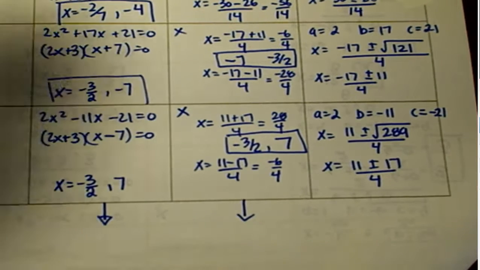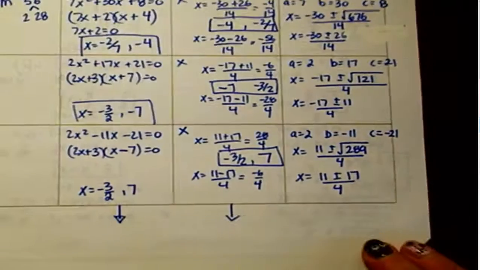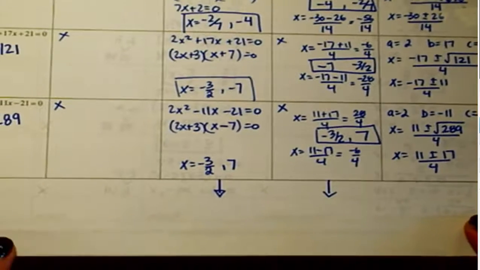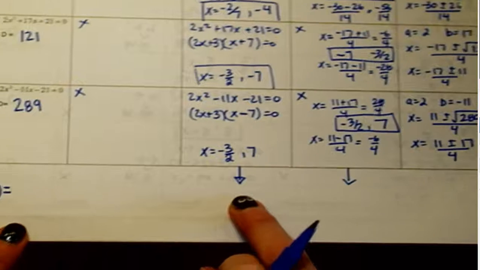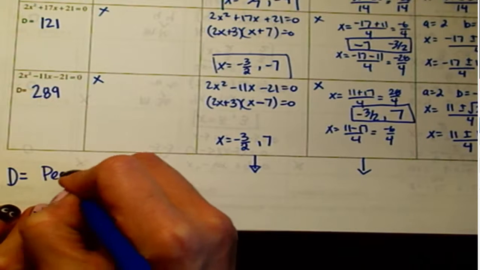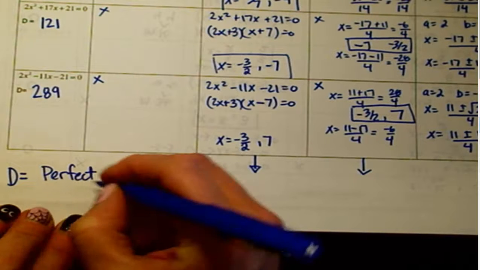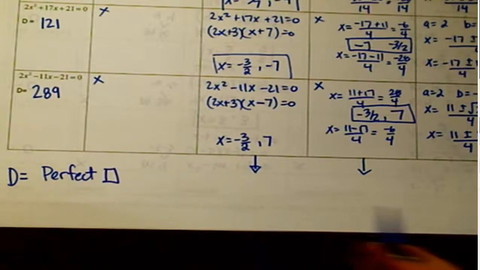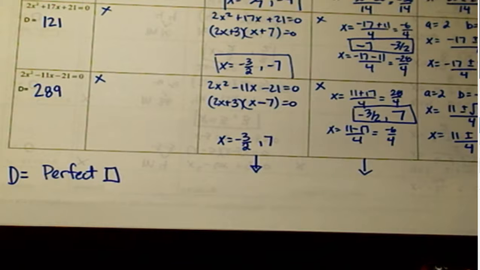So what we're going to do is look at this work, okay? Mostly this column here. And if the discriminant is a perfect square, 676, 121, 289.